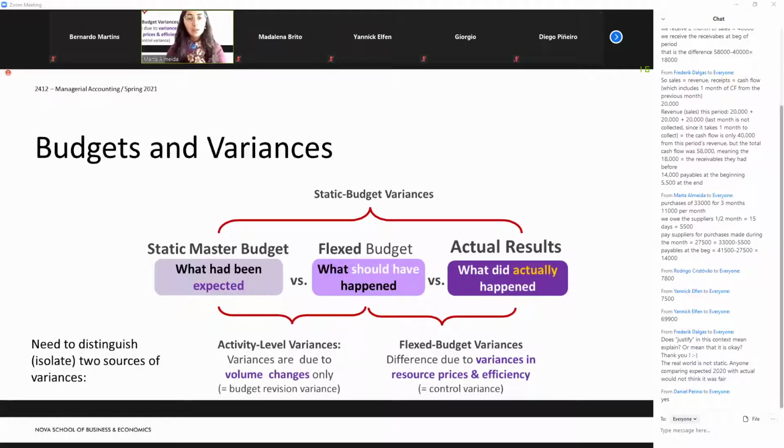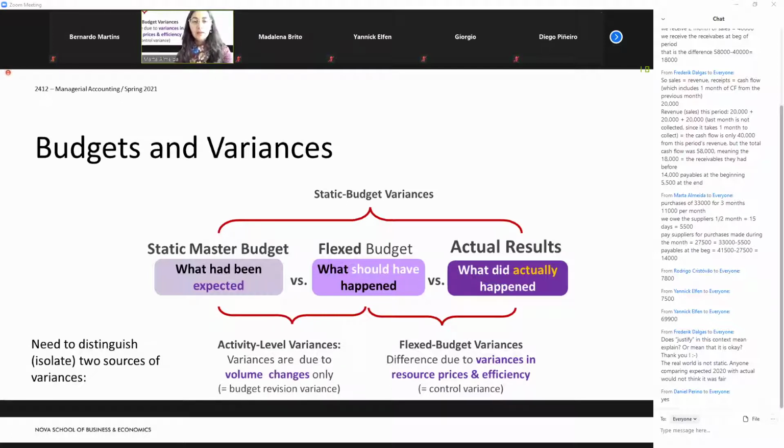So the only difference between the profit in the original budget of 43,500 and the 69,000 of the flexible budget is explained by the level of activity. Because we had a higher level of activity, the impact on profit was the difference between 69,000 and 43,500. Now we have the actual results, which is what actually happened.